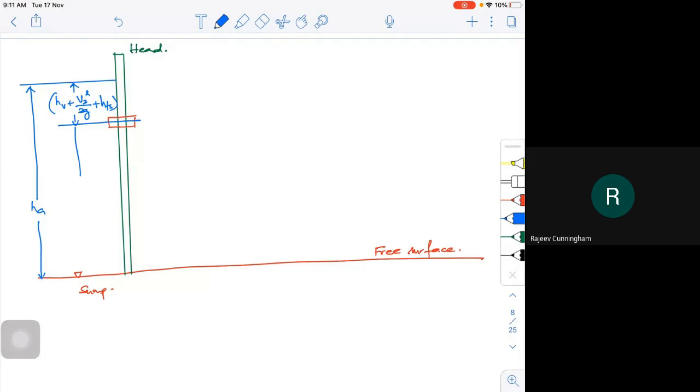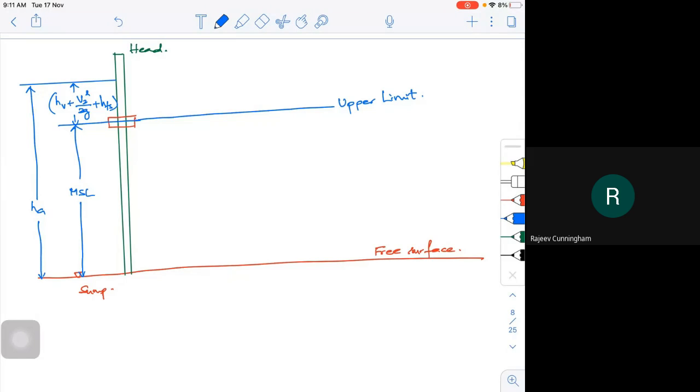So this becomes your maximum suction lift. That means I should be able to have my pump installed at this particular height. So I can call this the upper limit.